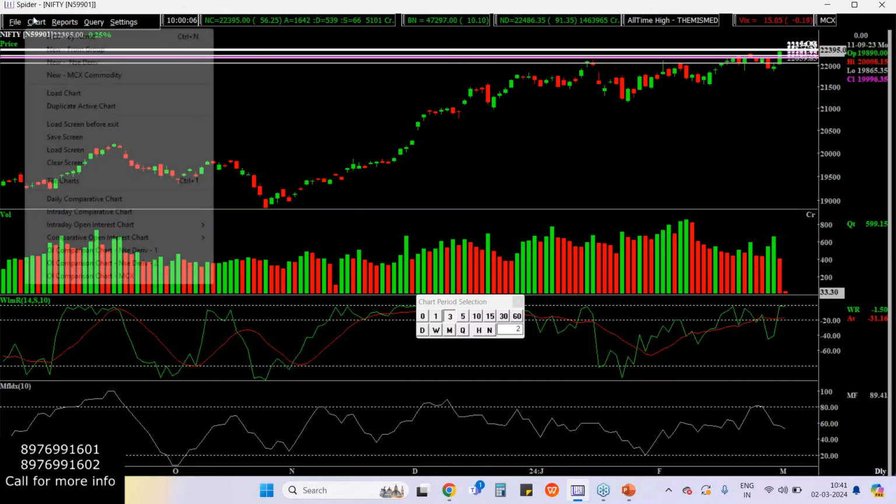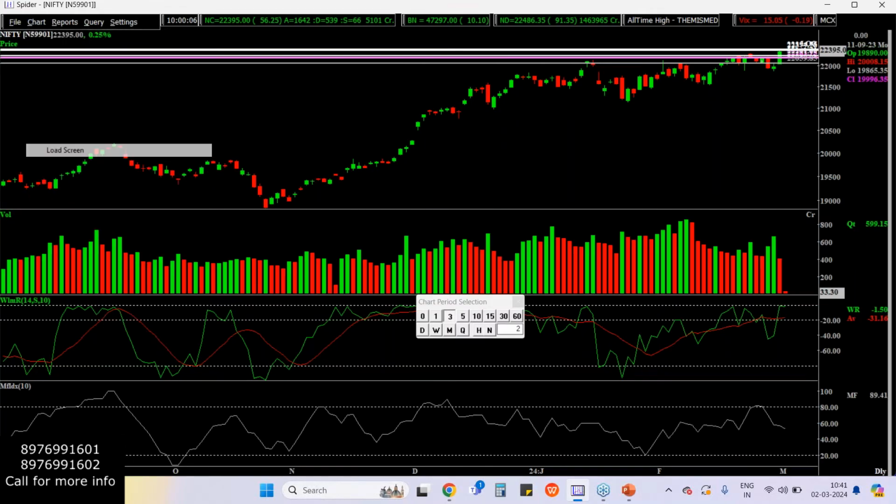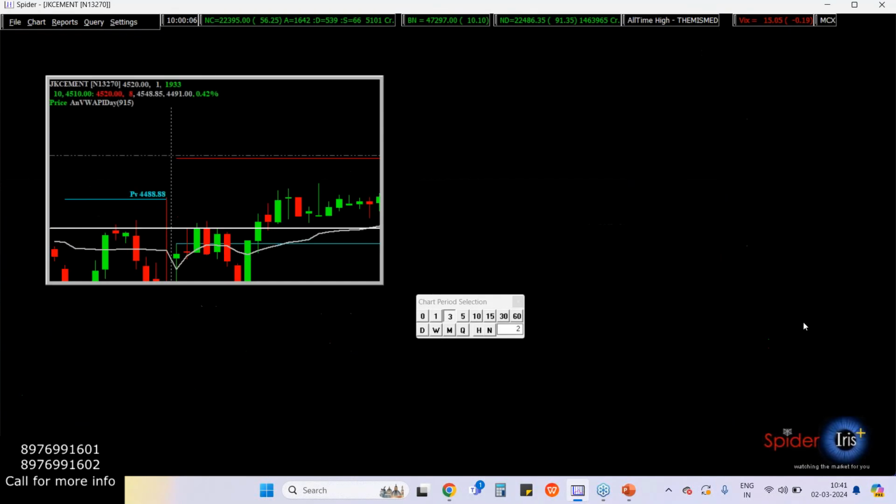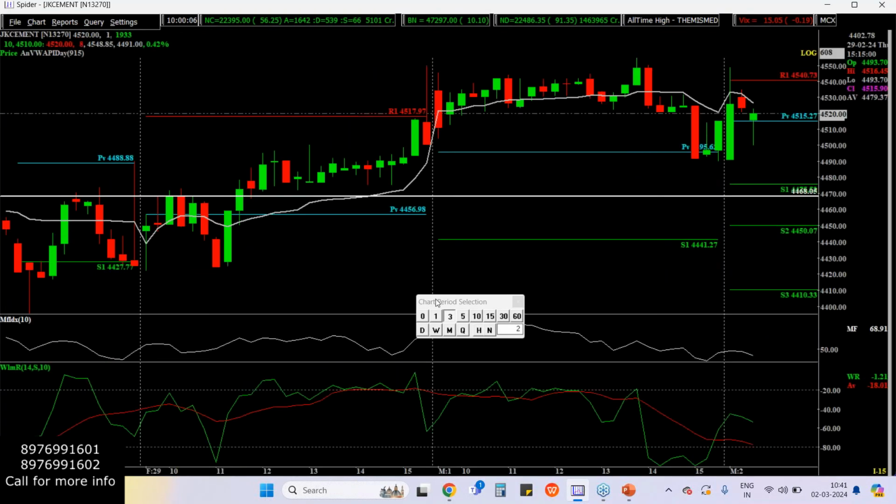For that I'll go to the software and I'll be able to explain it better. I'll open my screen here. We'll go to load screen, and I have named it Williams %R, and I'll open it. Okay, so I've opened the chart in front of me.